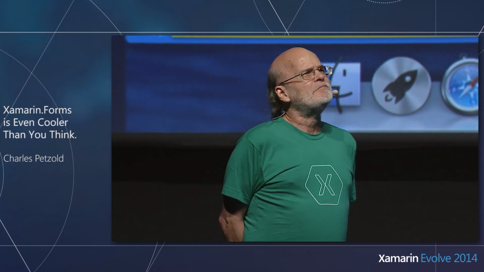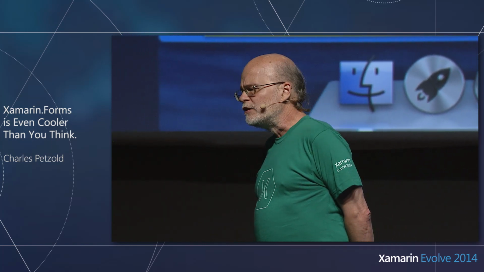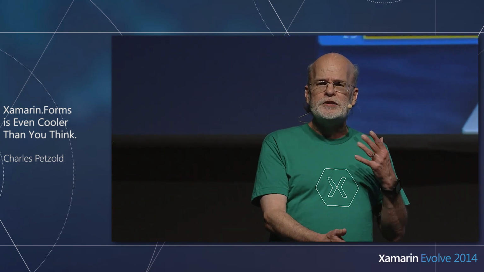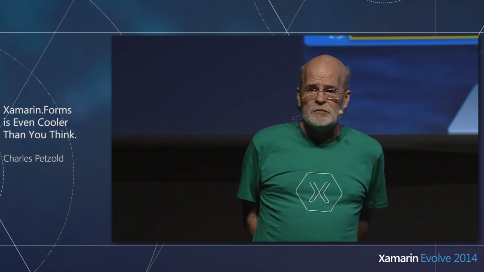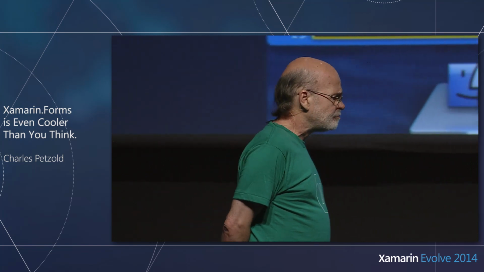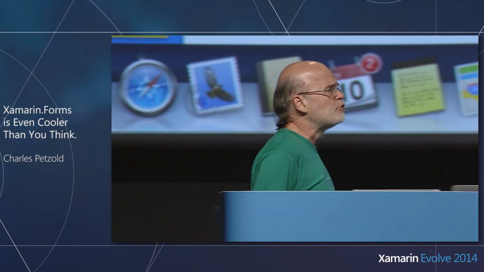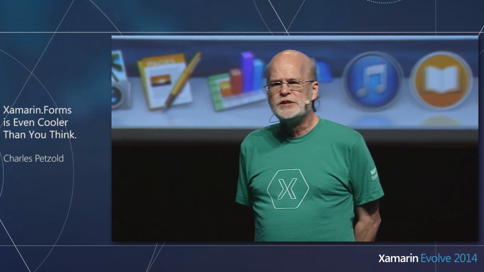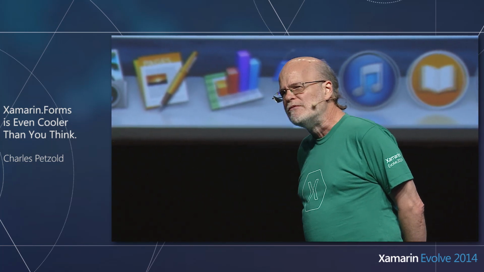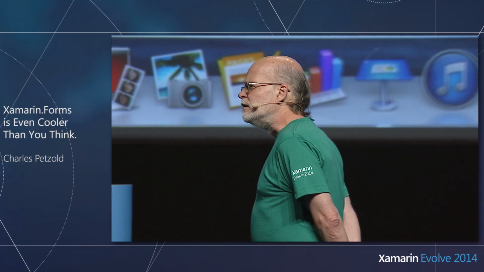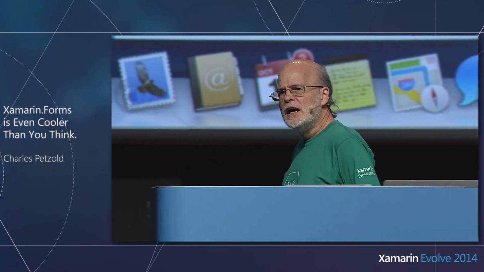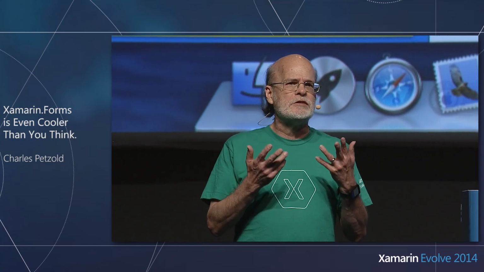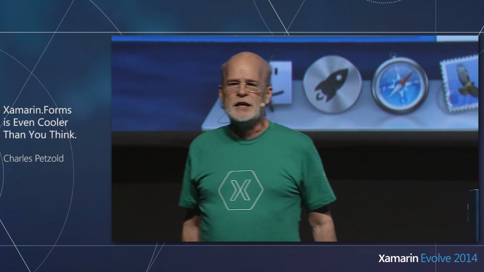Yeah, I think that if you wanted to incorporate animation into your custom renderer, you could use the underlying animation system of the platform. If you had a control that you wanted animated in a particular way on all three platforms, that's probably the way I would do it. You implement both the visuals and the animation on the platform. Or you could have your custom renderer just do the visuals and use the Xamarin.Forms animation on top of that.